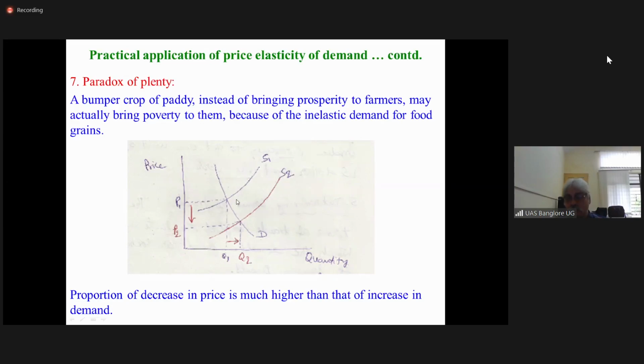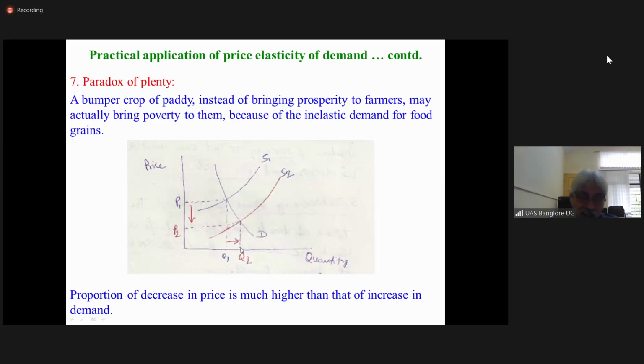Farmers produce more. When the supply increases, the price decreases from P1 to P2. Okay, price decreases. But since the commodity is cheaper, we may purchase more.